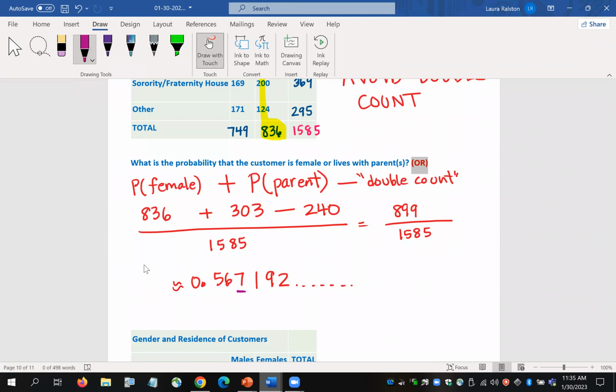The 7 is in the third place. The 1 is next door, so it doesn't affect it. So it's 0.567 or 56.7%. So 56.7% of the customers are female or they live with their parents.